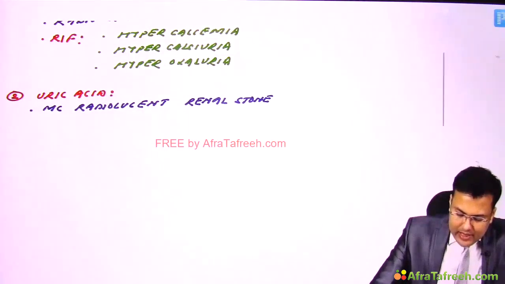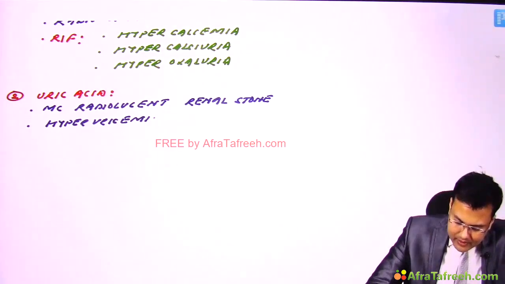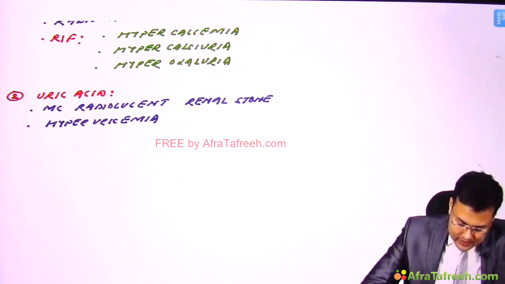So second is uric acid stone. First important point, this is the most common radiolucent renal stone, and it is seen in patients who are having hyperuricemia. Simple. So what are the risk factors?